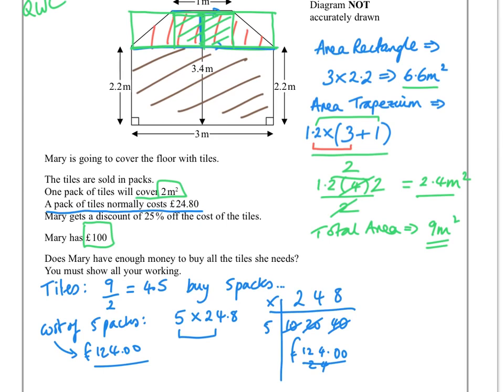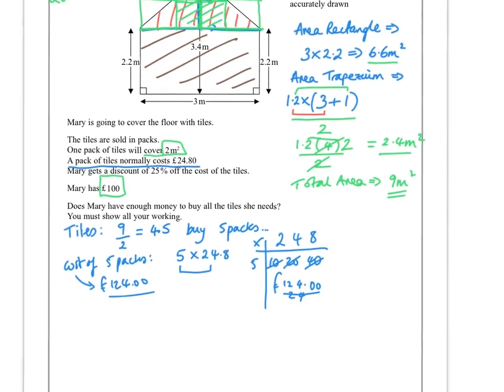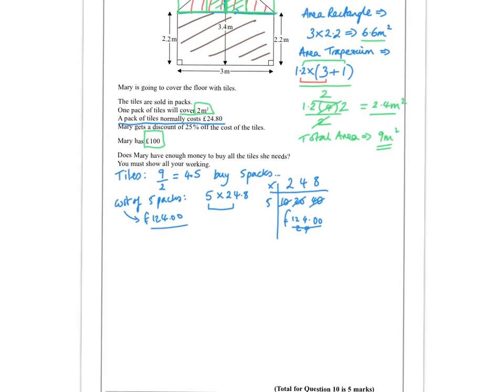And then she gets a discount of 25% off the total cost of the tiles. And this is where you can go into having a different approach. So once you've got your cost of 124 before the discount, there's a couple of ways that you can find the discount without a calculator.